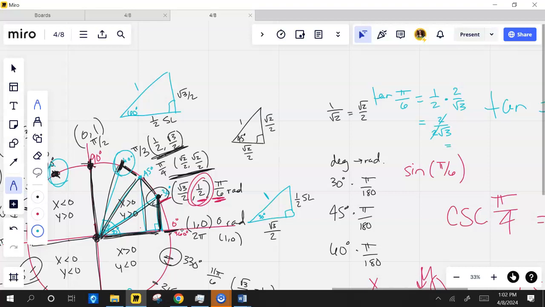So I would multiply top and bottom by root 3 and get root 3 over 3. Again, I'm showing you how to find these if you don't remember them, but you can just memorize this circle and say, okay, I know that the tangent here is root 3 over 3.